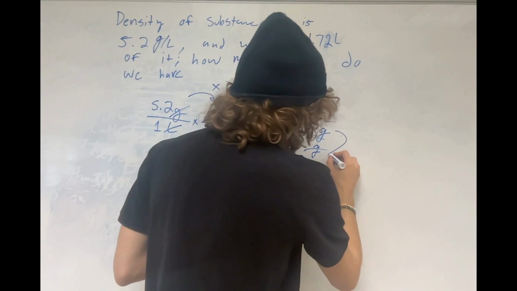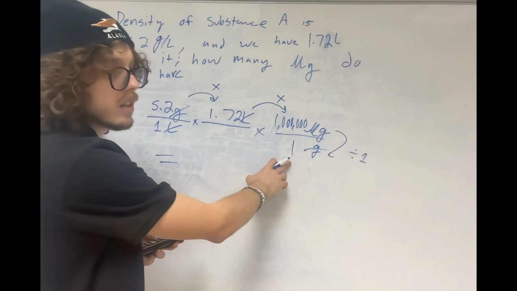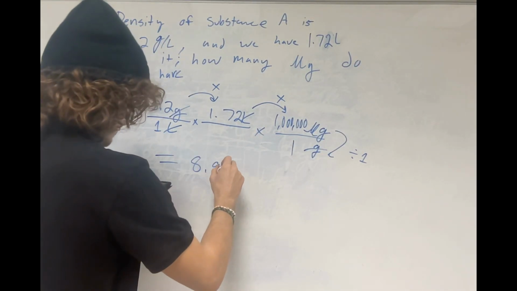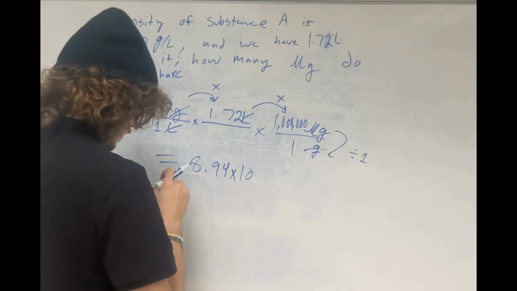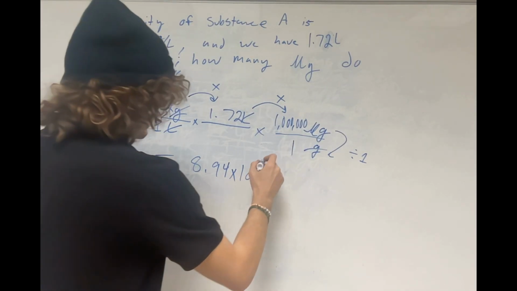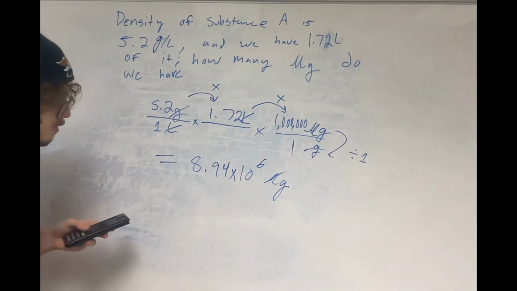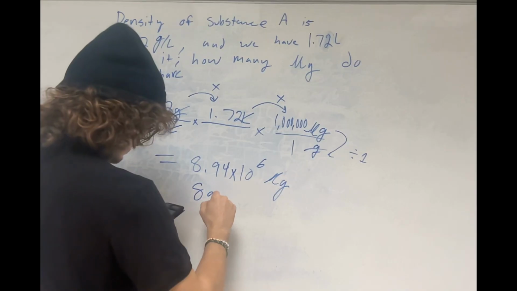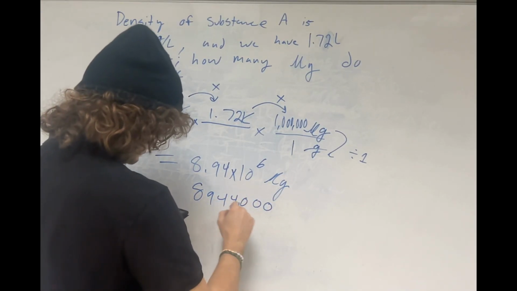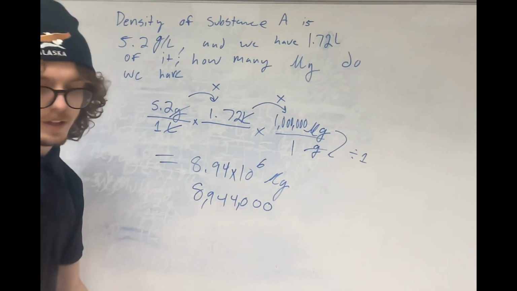And then we're just going to divide by 1. Right? Because 1's in the denominator. And what you get out is 8.94 times 10 to the 6 micrograms. Okay? Which would be this number. So roughly 9 million micrograms, roughly.